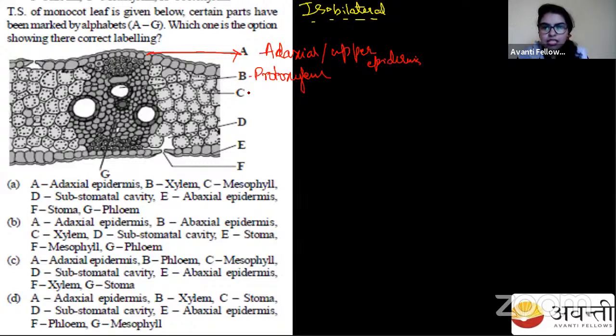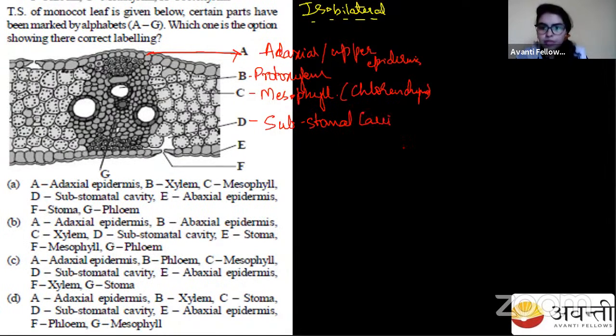C is what? C is mesophyll. That is chlorenchyma cells. Mesophyll chlorenchyma cells, right? D is what? D is substomatal cavity, or also called a respiratory cavity. Okay?